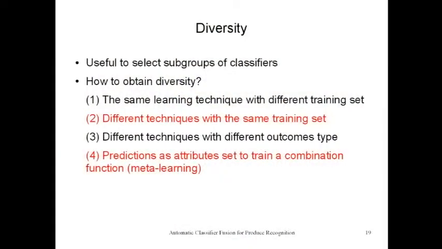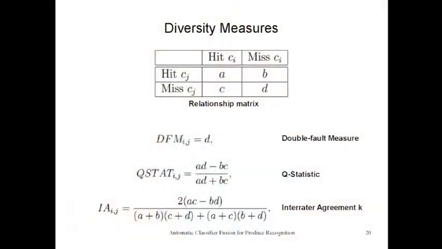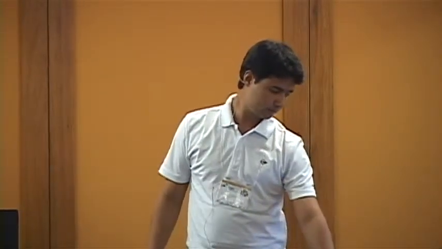In this approach, we use these ideas. We used 3 different diversity measures because it's interesting to use more than one, since these measures can give different opinions about the diversity between pairs of classifiers.